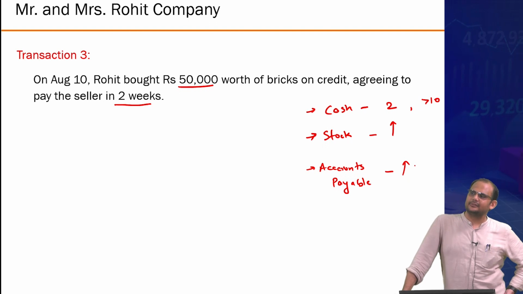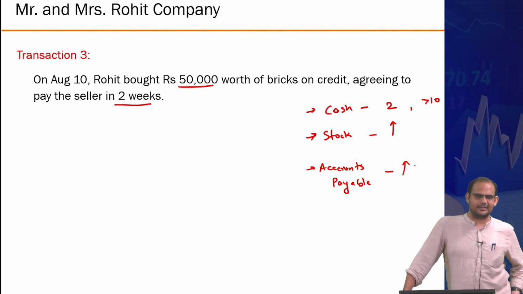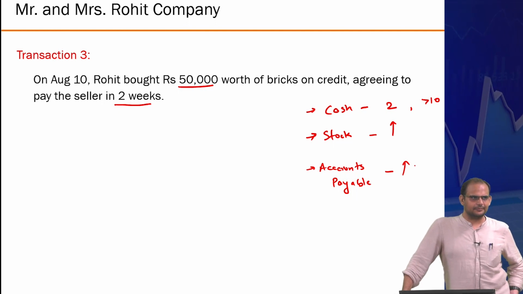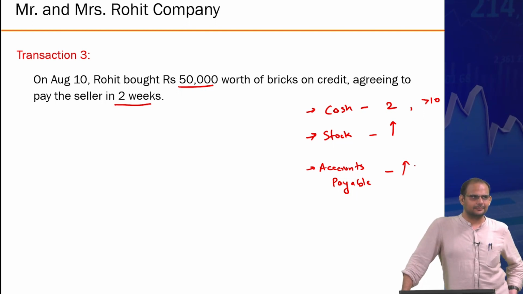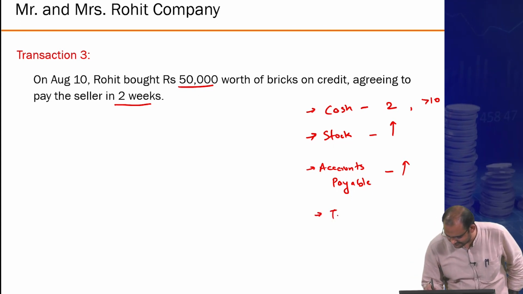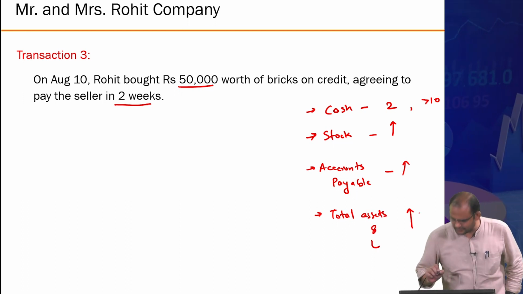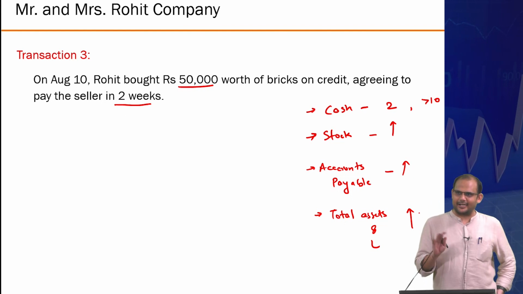The total asset and total liability, is it increasing or decreasing in this transaction? Both will increase. Okay. So this is the summary of what your understanding is.